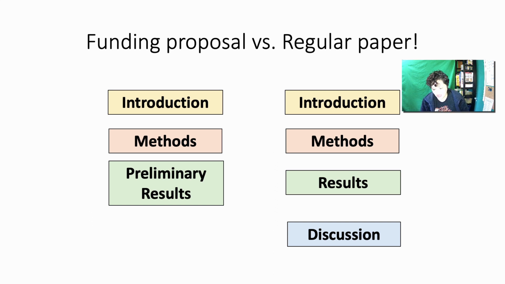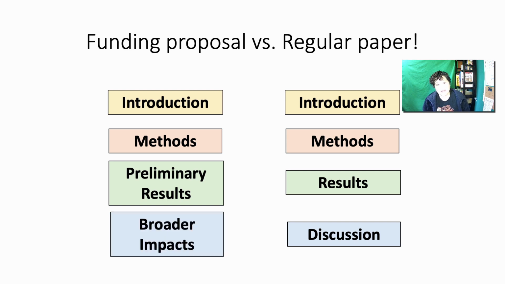And then for the discussion, there is no discussion because you don't have data. So there's no discussion the way we normally think of discussion. But what we do have is broader impacts, right? If I got this data, what would be the results for society? How would the results affect society? Which is something that you kind of want to put into a discussion section. Like, what is the impact of this data on the broader scientific community?